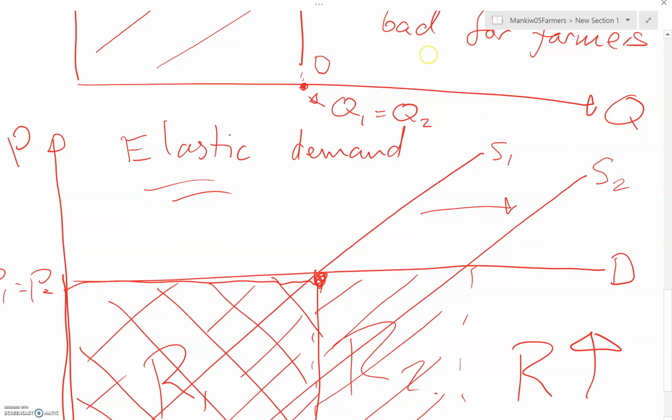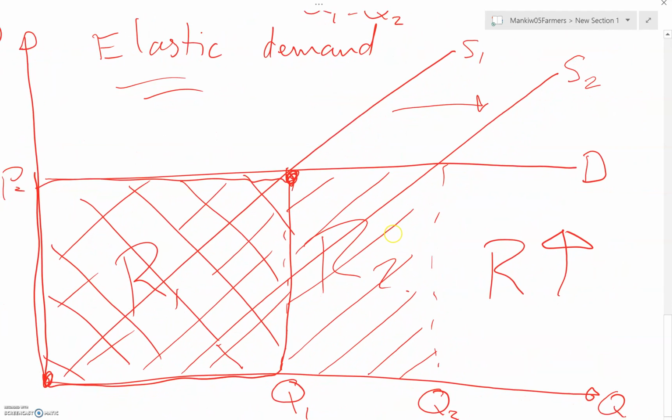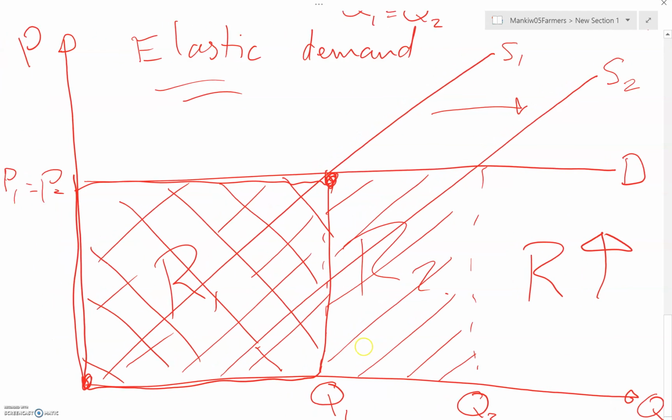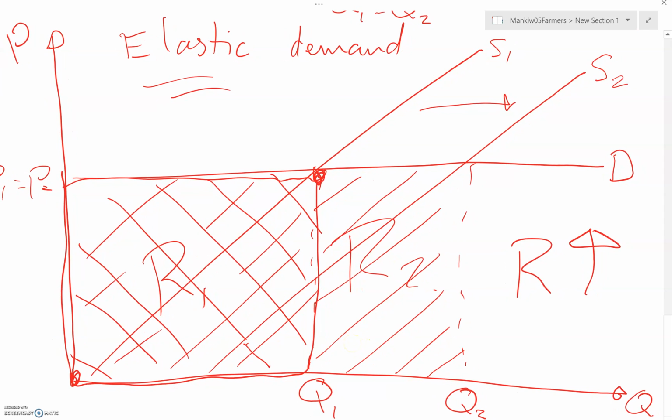Or we could have a situation that's good for farmers because consumers just pay the same price no matter what the quantity, and now sellers are selling more stuff at the same price, and their costs have gone down. Per item, their marginal costs have gone down. Remember, the second supply curve is below the first supply curve. So this should be a good situation for farmers.